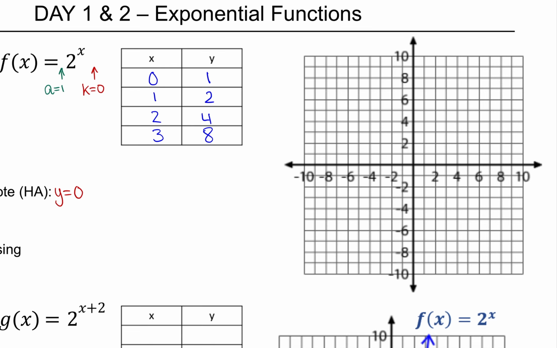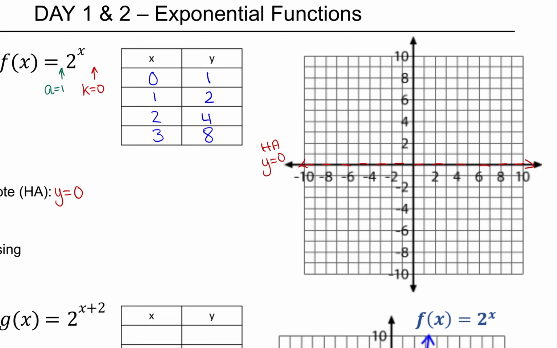I always begin by graphing the horizontal asymptote. In this case, it is at y equals 0. So I have a dashed line across y equals 0, like this, and I'm going to label it y equals 0. That's my HA.